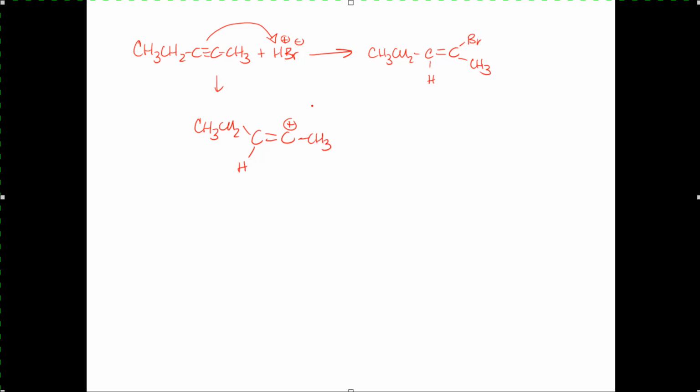And you can imagine that then the Br minus would add to this side or to this side, so that for that product we would actually get a mixture of E and Z. In this case, bromine is the higher priority group between bromine and methyl.